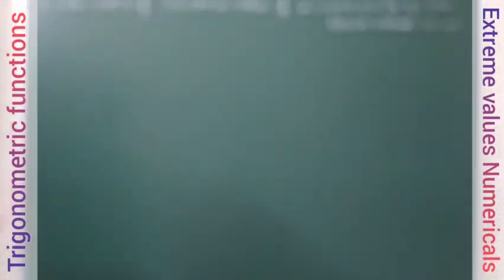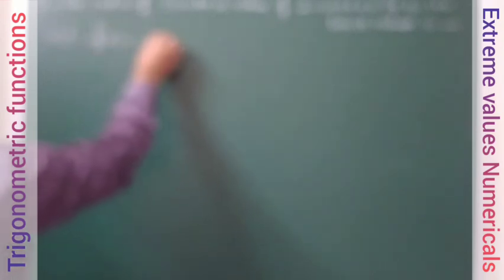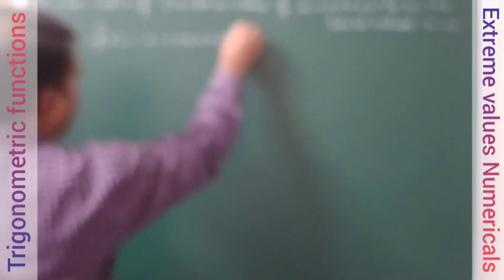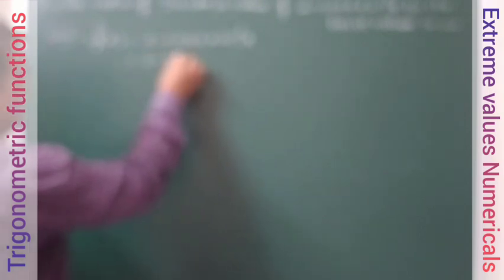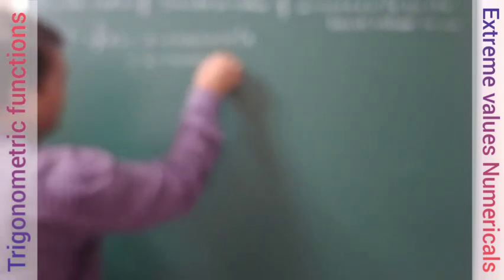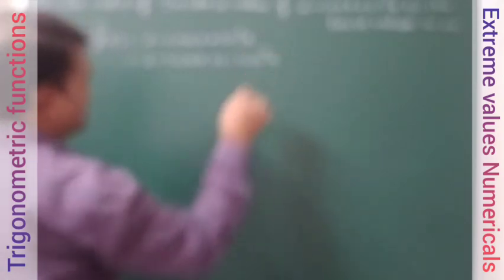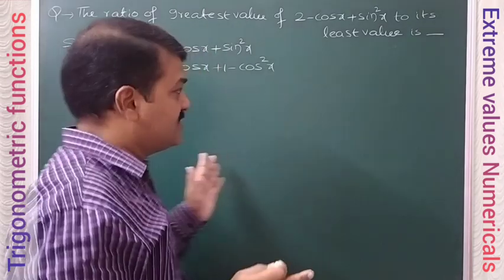So 2 minus cos x plus sin square x. Let us take f of x as 2 minus cos x plus sin square x. So this is the function for which we have to find the extreme values. Let us write this sin square x as 1 minus cos square x, such that the complete function will be in cos x.